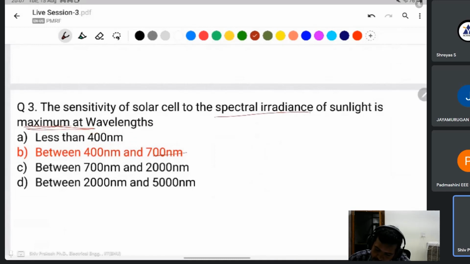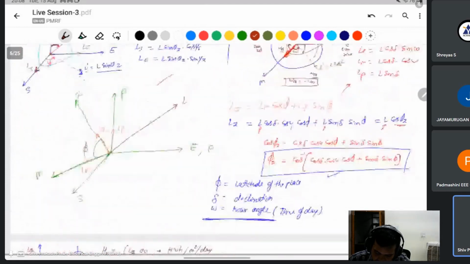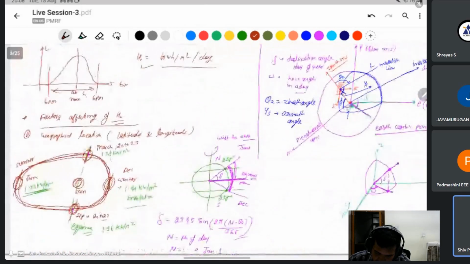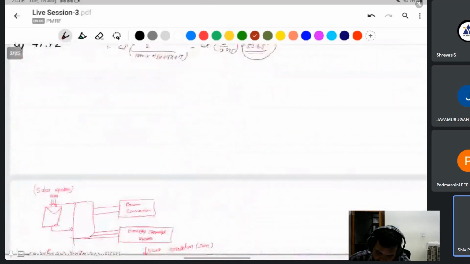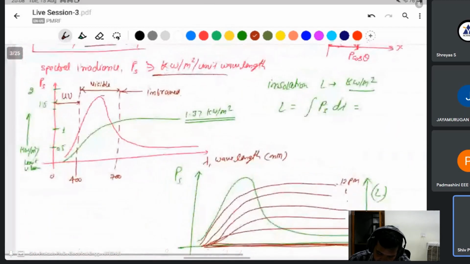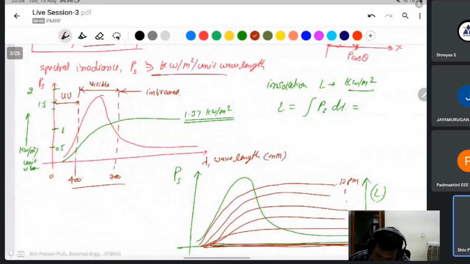Solar spectrum irradiance is maximum at 400 to 700, the visible range. Ultraviolet is not visible, and more power is developed in the visible condition.